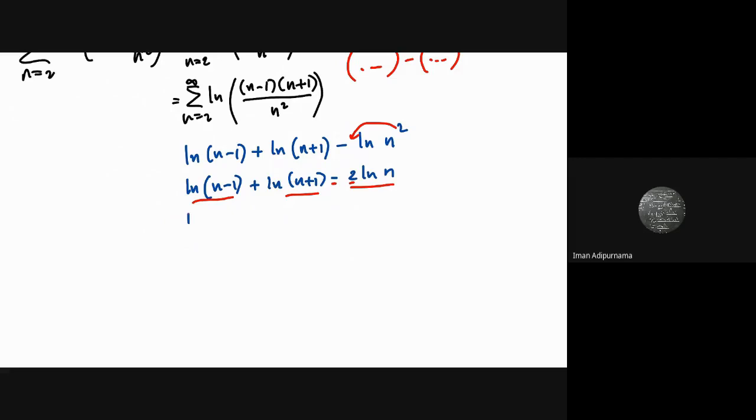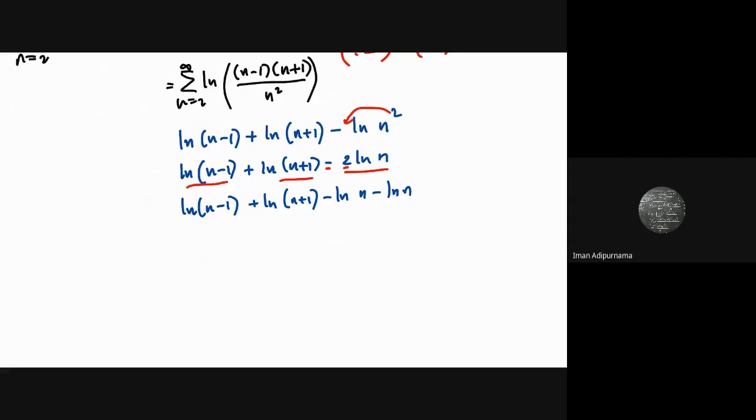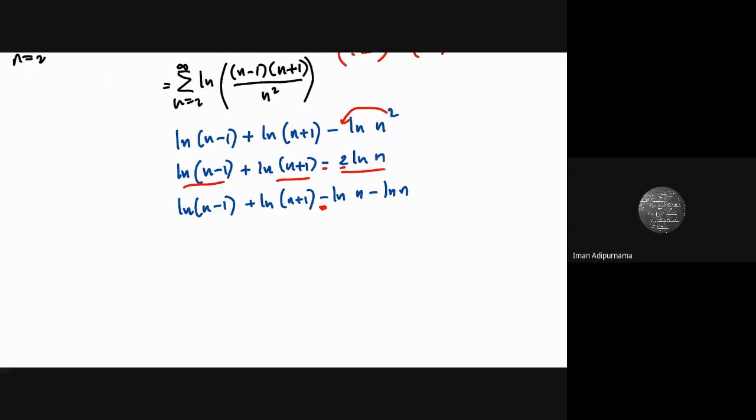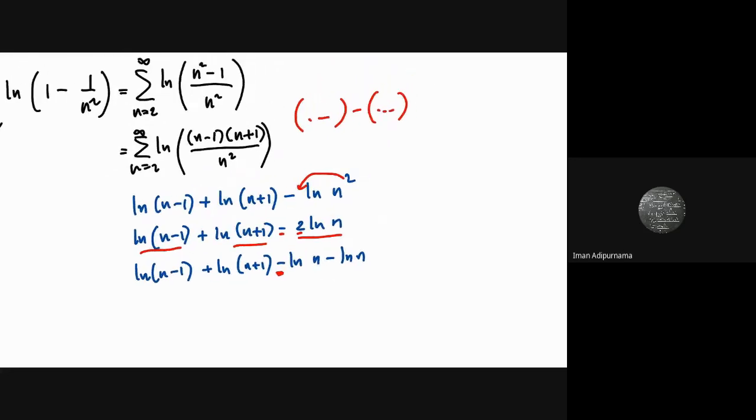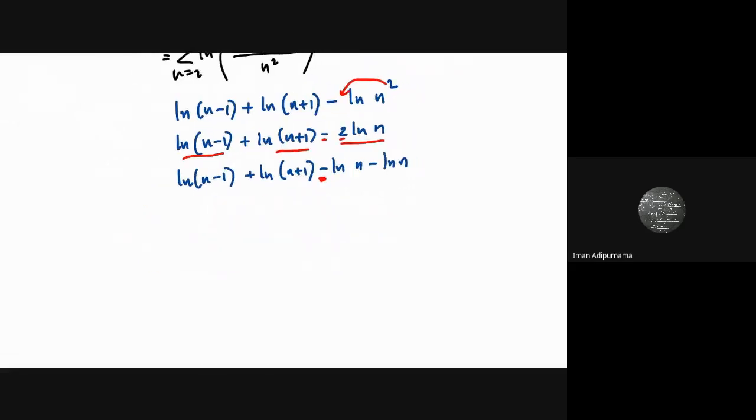Let's make it into 2 parts of ln n. So you have ln n and then minus ln n. Now we already have this negative here. So let's make this negative as in a telescoping sum, like this one.